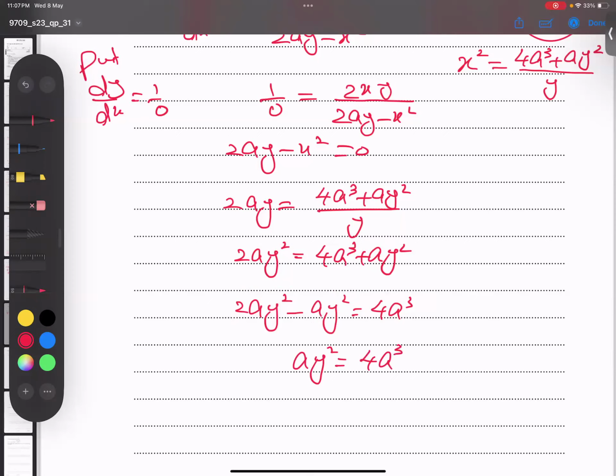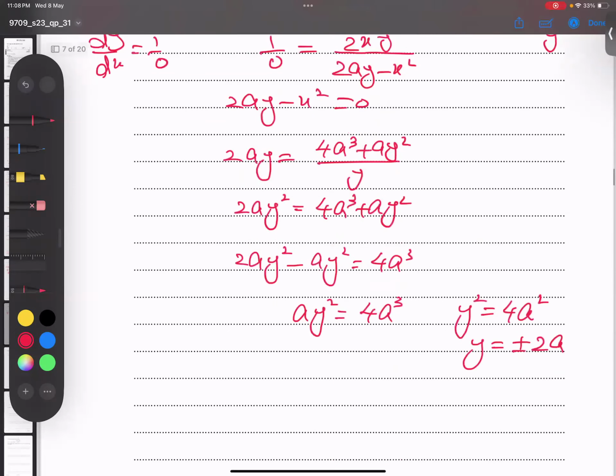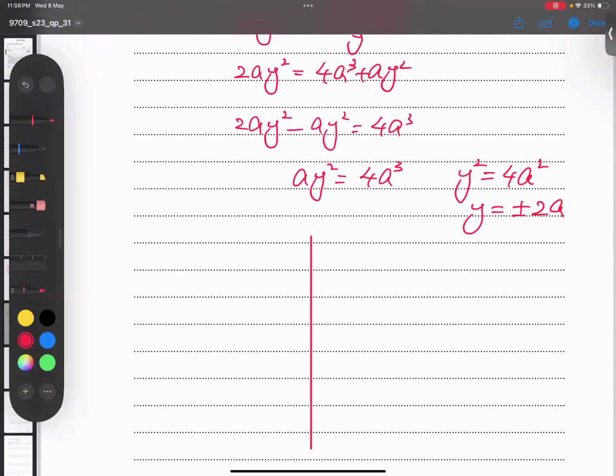I think you understand. Now if I divide there, this a will cancel. I get y square equal to 4a square. Take the root of both sides, I get plus and minus 2a. It means I got two values of y. I'm writing both here: y is equal to 2a and y is equal to negative 2a.